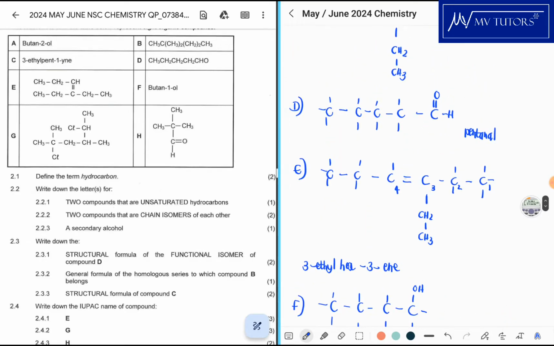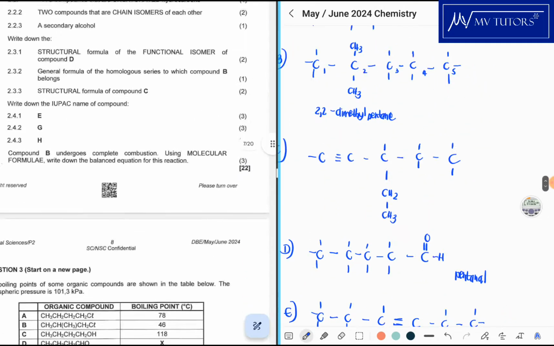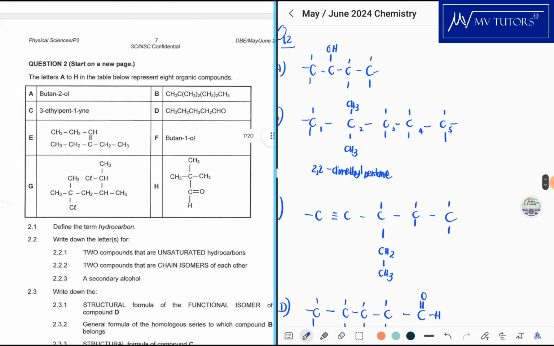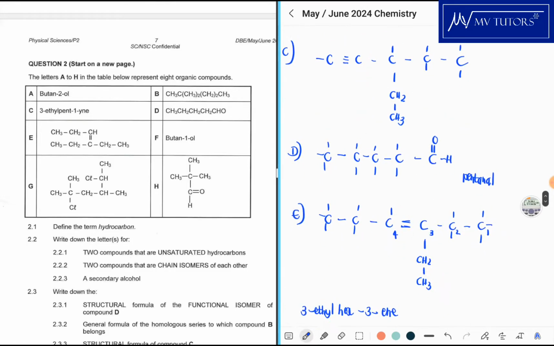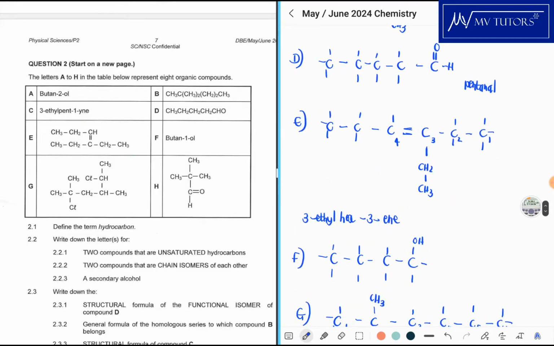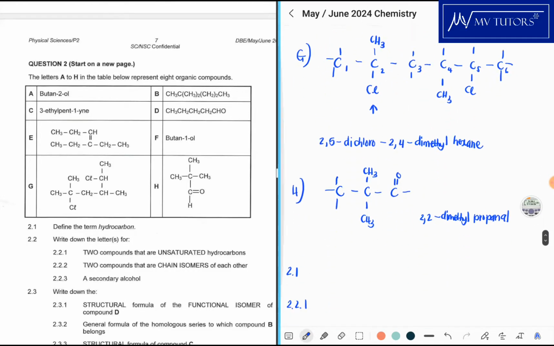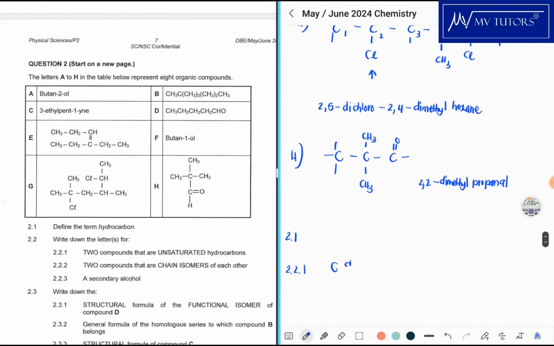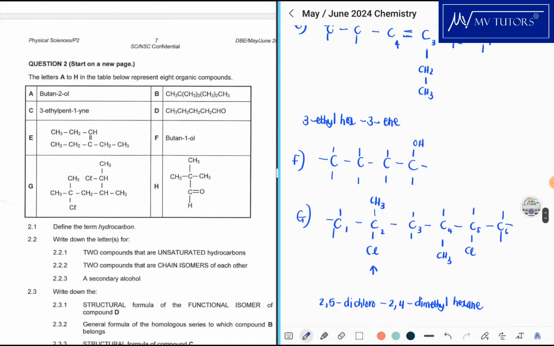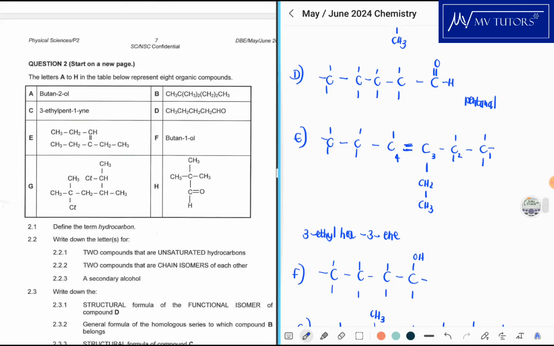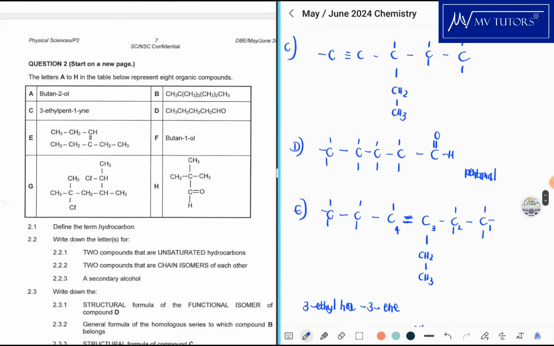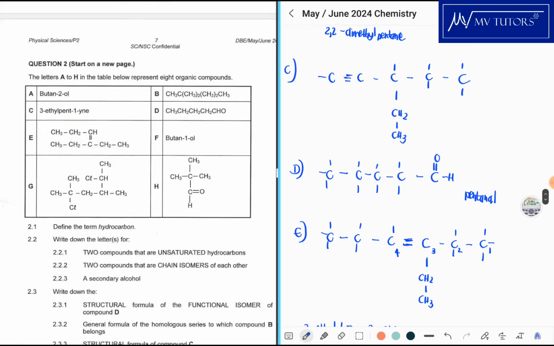E is one of them because we have a double bond there. And C, we have a triple bond at C. So C and E would then work. For me, it helps to see it like this because then I can actually see the double bond and also the triple bond there at C.